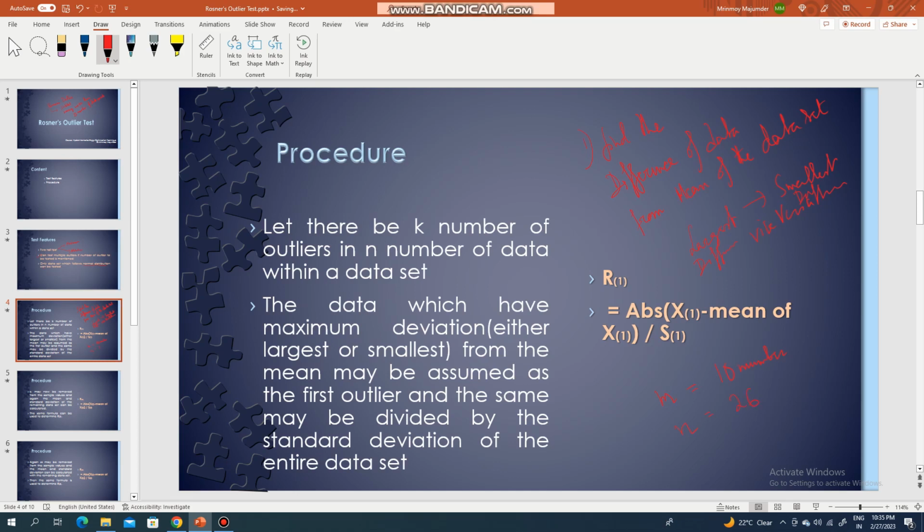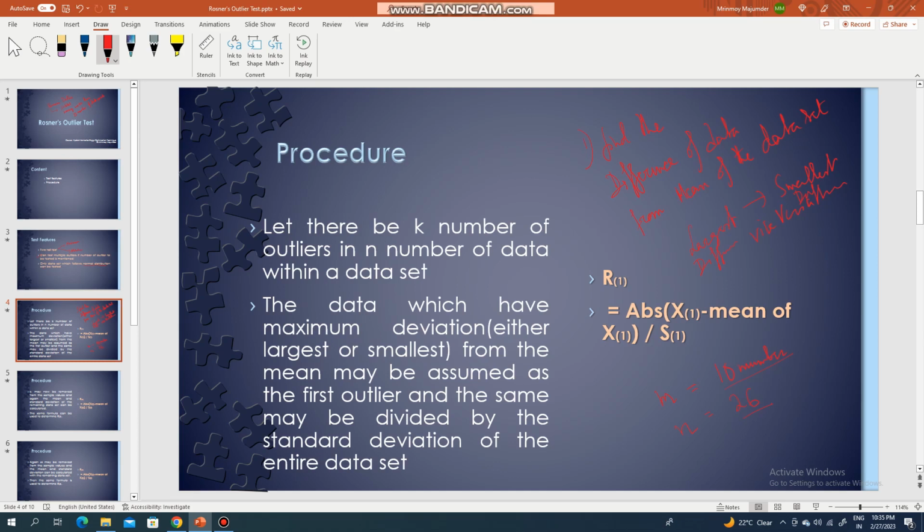For example, let me say that there are 26 data points in the data set, and you are assuming that there will be 10 outliers. So m is the number of outliers you have assumed, and n is the total number of data points available in that data set.